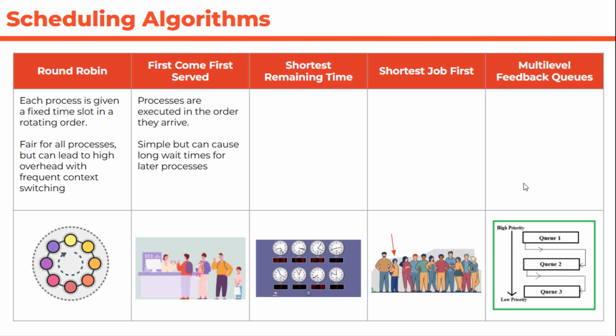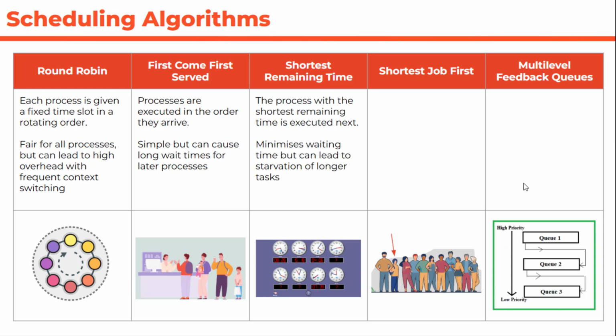These next two, students often get confused with. So let's take it really slowly. Shortest remaining time. The process with the shortest remaining time is executed next. So yes, they might be in a queue, but the algorithm chooses the process with the shortest remaining time to be executed.